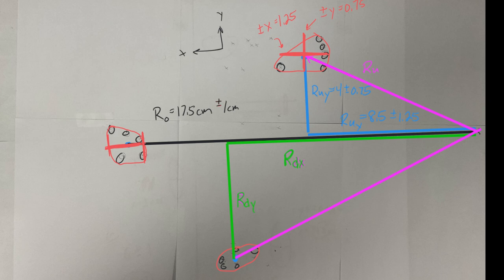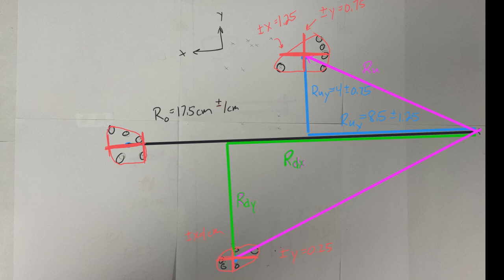And let's see, I've got to measure the y and the x. So the y appears to be a centimeter. So plus or minus y is 0.25. And plus or minus x, that's about it. Plus or minus x is 1 centimeter. Okay, so I've got to measure.